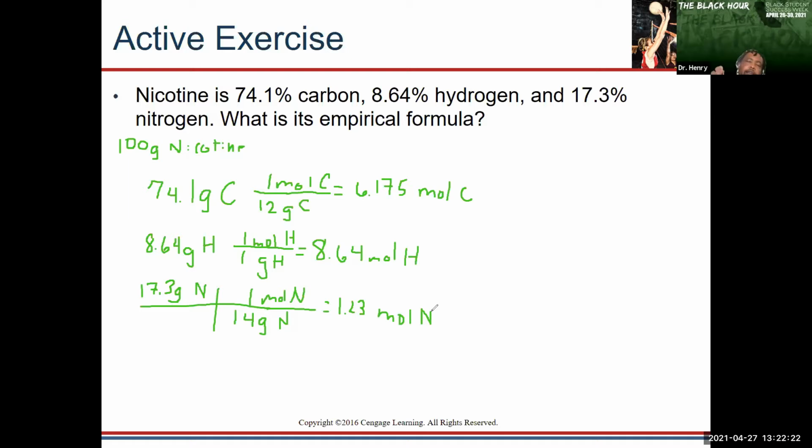And I know we're a little foggy, but if I wanted to get a whole number, because we're basing everything on whole numbers, we can't have fraction numbers, because you can't have half of a molecule. You only can have a whole molecule. Same thing, we can't have half of you, we can only have a whole of you. So would it be 6, 9, and 1 instead of those numbers?